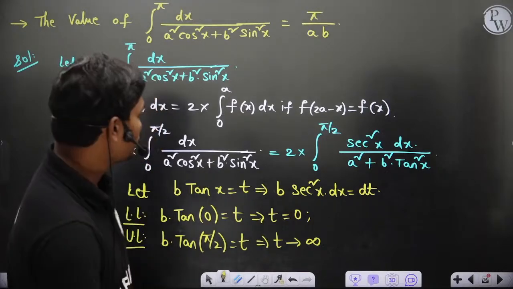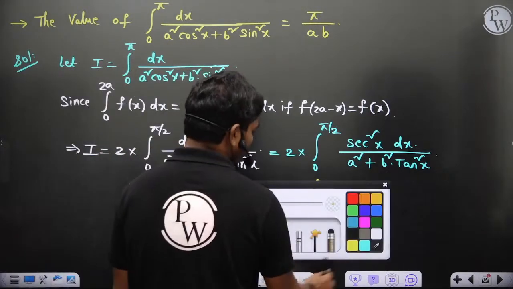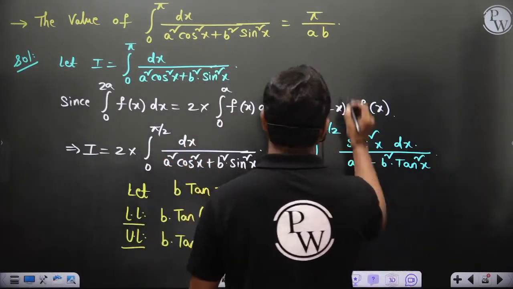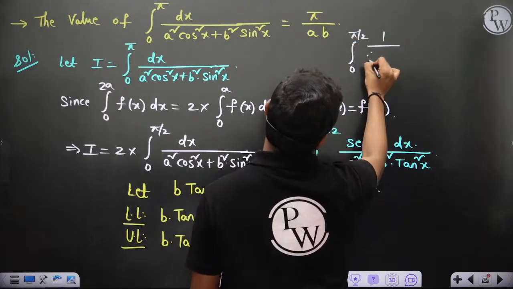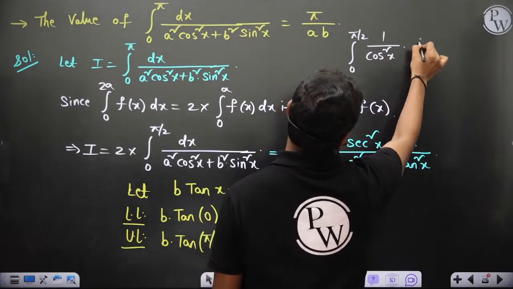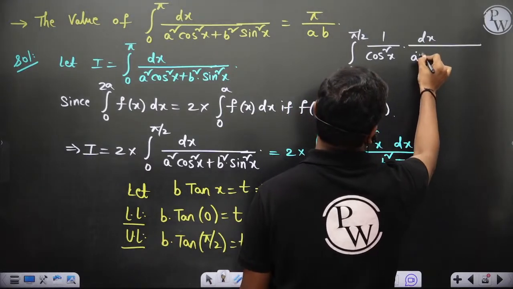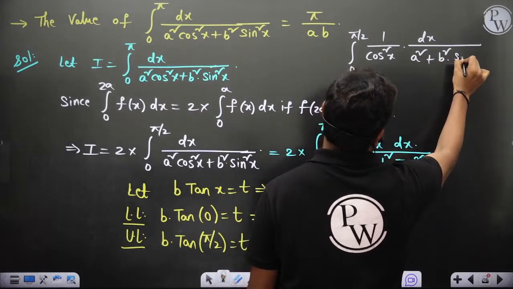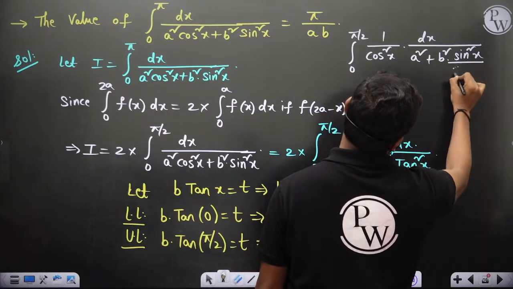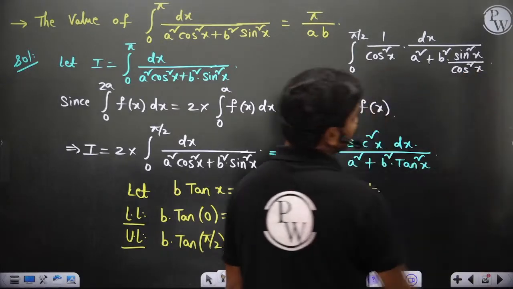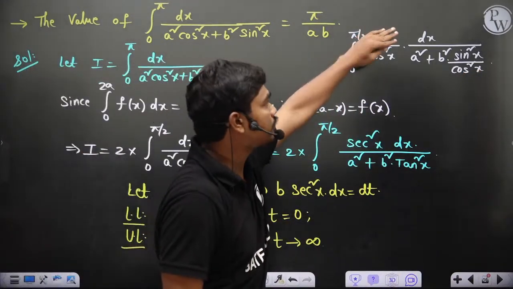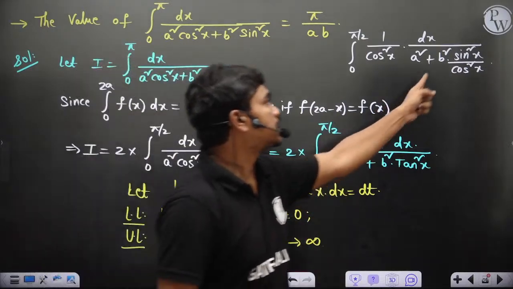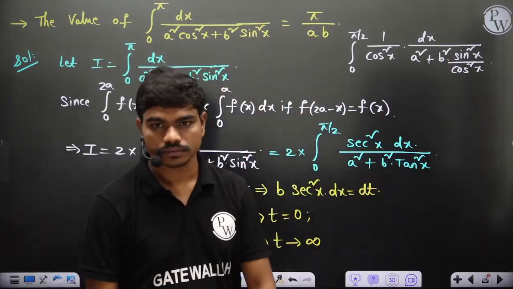Secant square, how? Okay, I'll elaborate here. If I take cos square x common here, then this 1 by cos square is actually secant square, which I have written in the numerator, and this sin square by cos square is actually tan square.